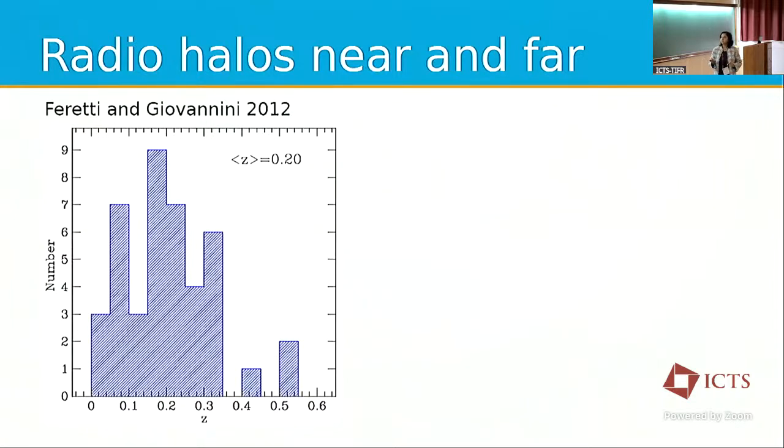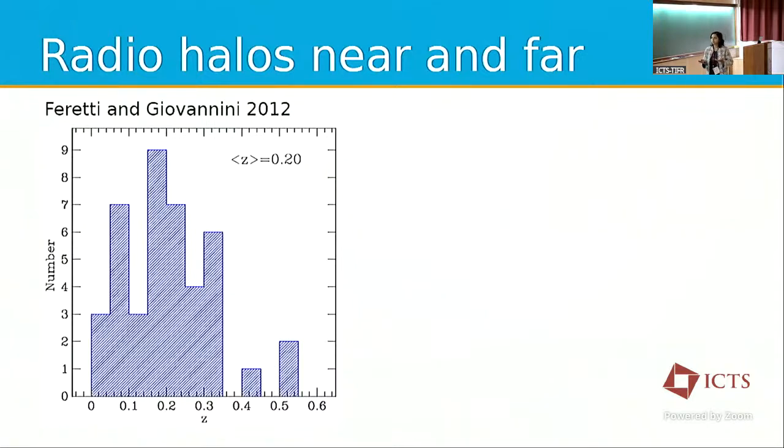In 2012, this is the histogram showing the radio halos across redshifts. You can see the numbers are really, I would say, less than 10 in any given redshift bin. So, two reasons. One is that the sensitive surveys at that time had not reached those sensitivities where you would start to detect.